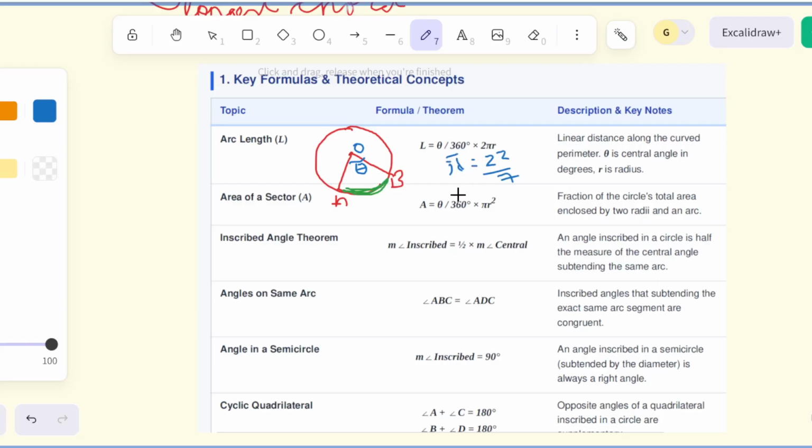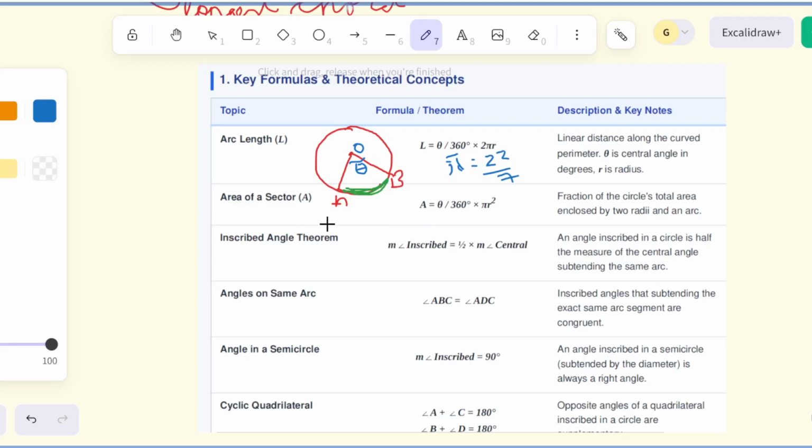So how do we find the length of the arc? We should know what angle the arc is subtending at the center of the circle.